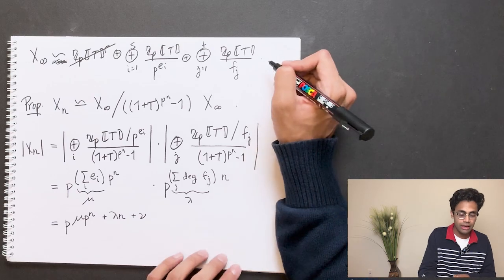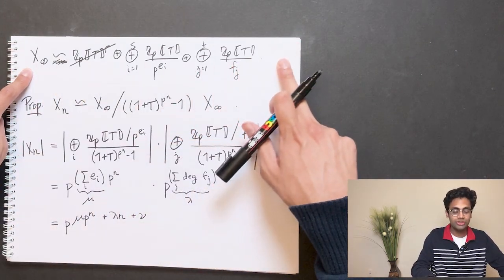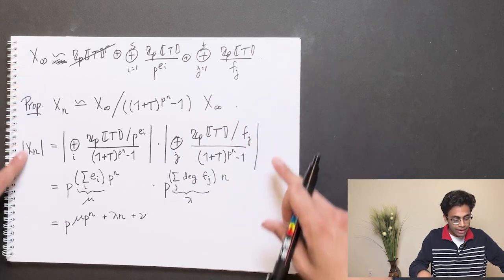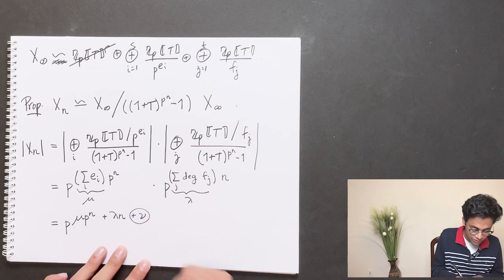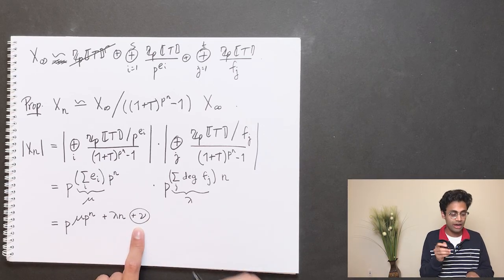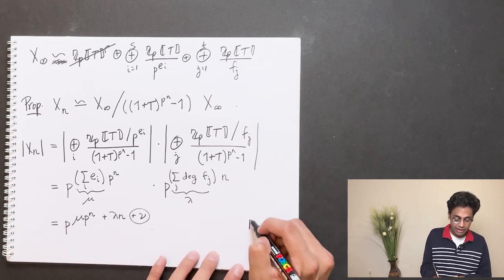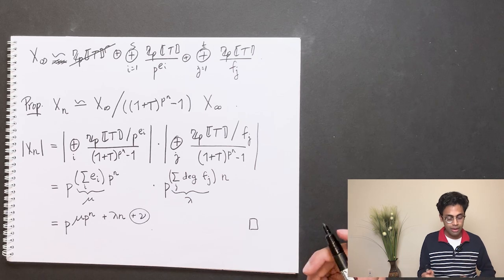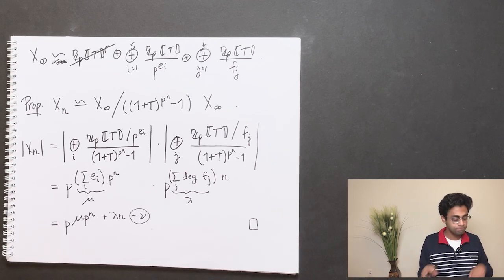So this is equal to this plus a bounded amount which does not depend on n. So if you carry out those details, that bounded amount gives you this extra term nu over here, which reflects the fact that it's a pseudo-isomorphism and not an isomorphism. Okay? But that is a sort of high-level sketch of how you prove Iwasawa's theorem.